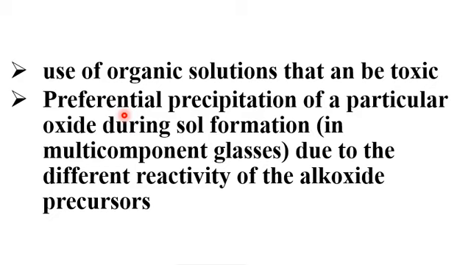So there are some specific compositions or chemical precursors that have preferential precipitation points, and they can effectively damage the chemical composition of sol gel thin films and nanomaterials.